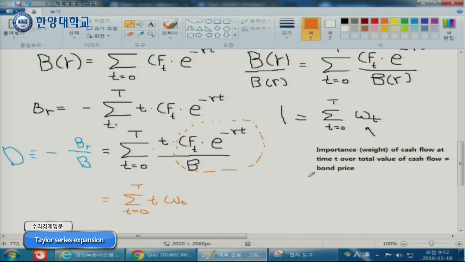For each time T, we multiply by how important that time T is. So T is the time when the cash flow happens, and W_T is the importance of that time.